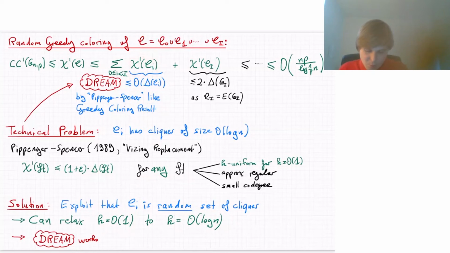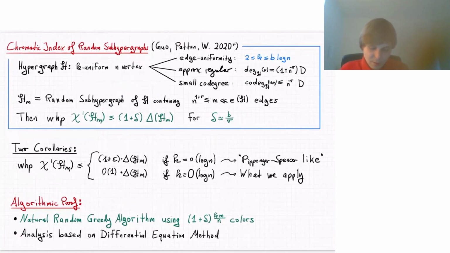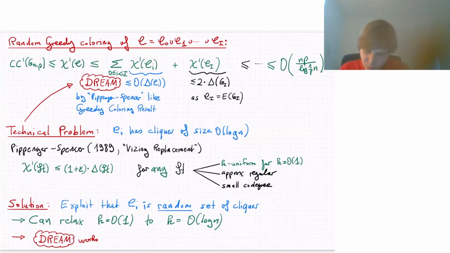Okay, so what is the statement that we can prove to this effect? Let me maybe say one word about why the uniformity is sometimes a little bit tricky for these results of Pippenger or Spencer type.